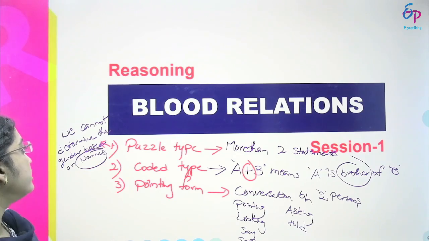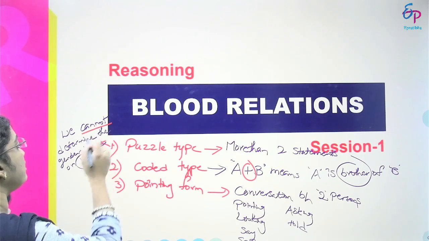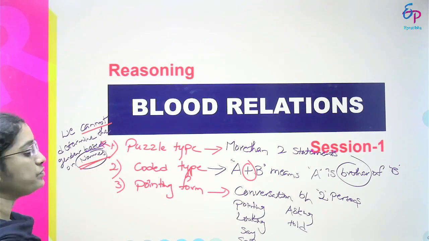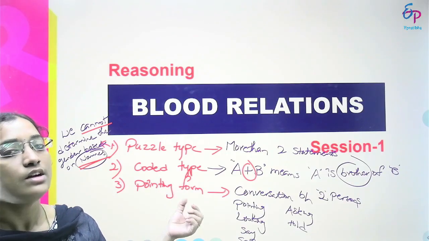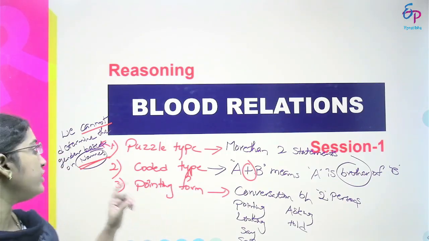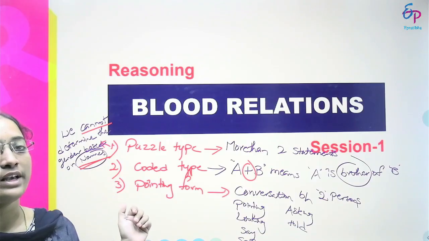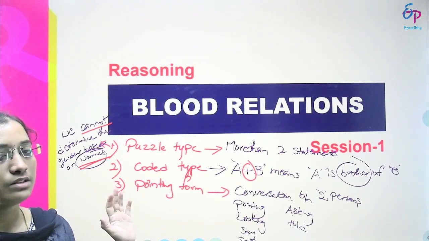Just observe here: we cannot determine the gender based on names. So in case you have a puzzle type question, for those questions we cannot determine the gender based on names. That is the main point.